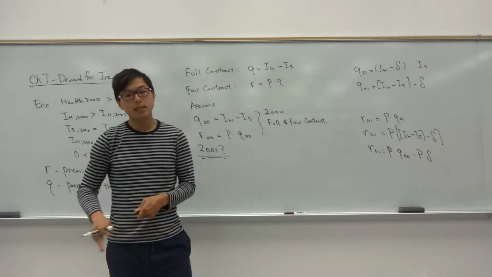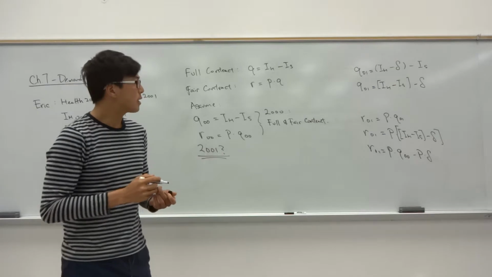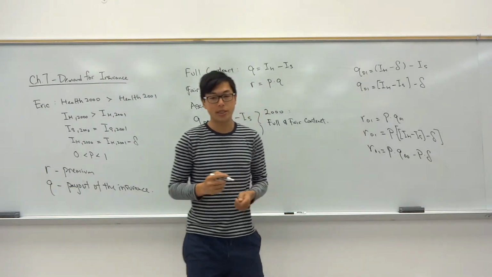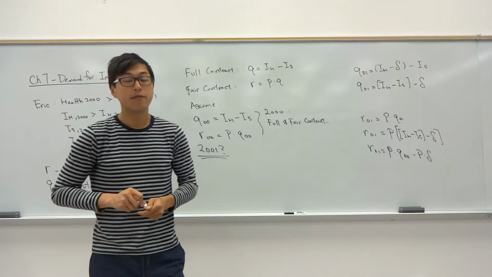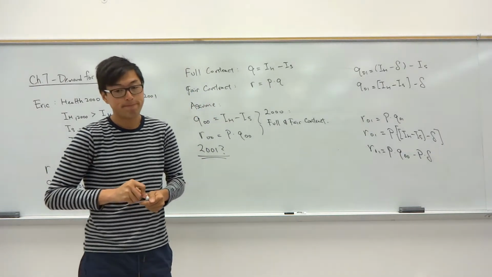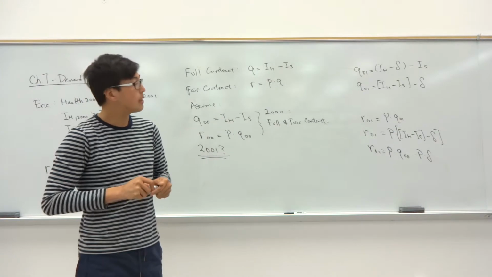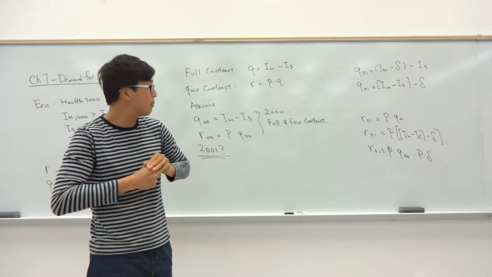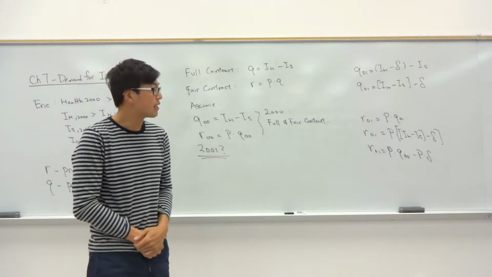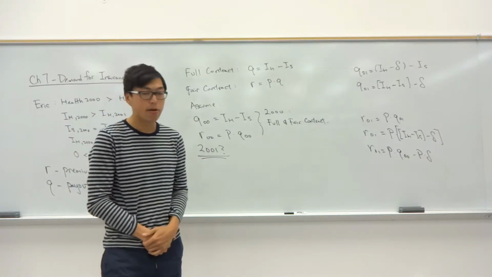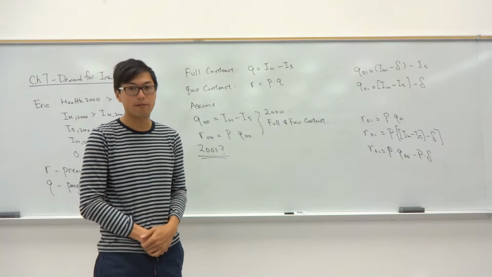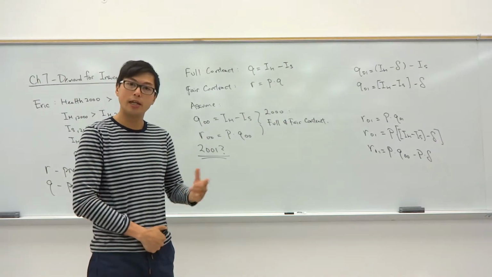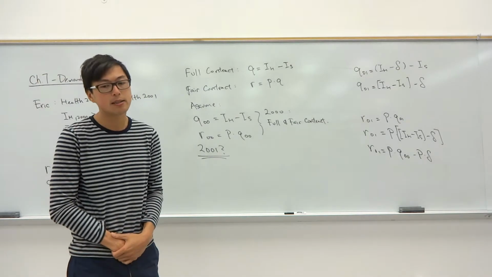So in this case, Eric will be getting less quantity from his insurance. And the price of the insurance is basically the same, because Eric is still paying the fair premium according to the change in his income in the healthy state.